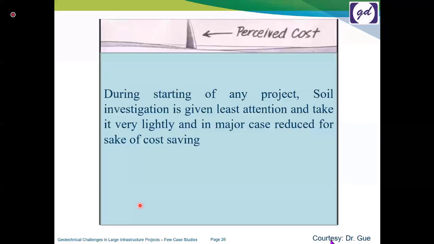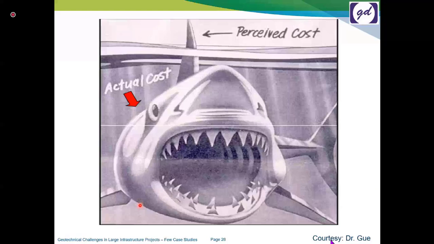So the budgets and DPRs and everything are prepared based on costs that rest on very limited geotechnical investigation data. And when they actually go to the site for execution, the site would be something like this, and then probably the entire foundation concept would change.